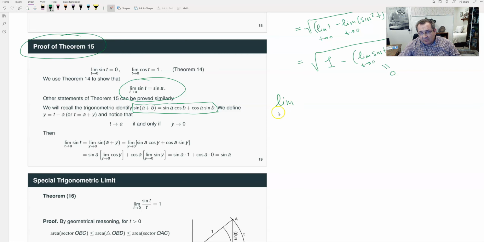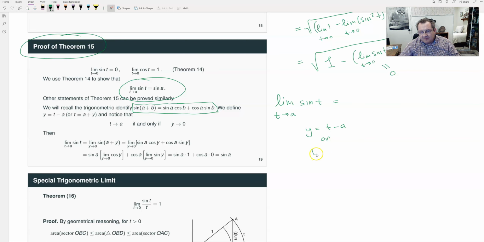So we would like to compute limit as t approaches a of sine of t. Now, the first trick is to change the variable of the limit. We can introduce y, which is equal to t minus a.